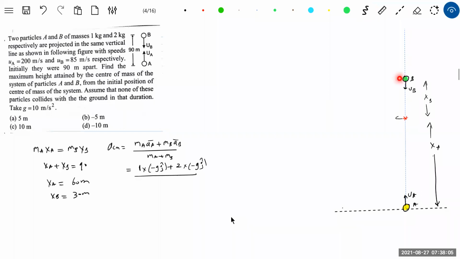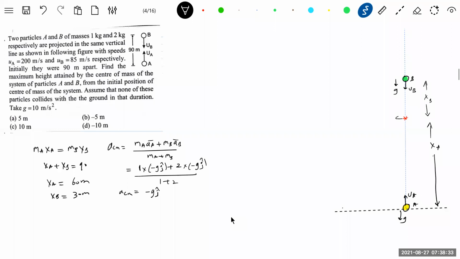What is the acceleration of both? The acceleration of both will be directed vertically down, no? Of course, this one is a retardation, but the g for both of them will be acting down. Okay, fine. So this will be 1 plus 2. So how much are we getting? This is the acceleration of the center of mass.